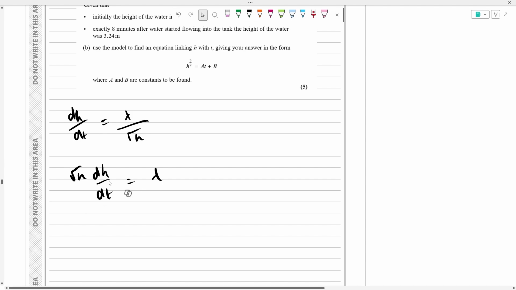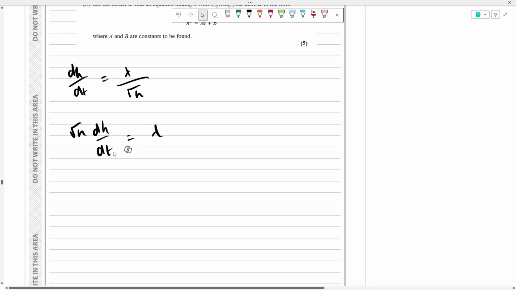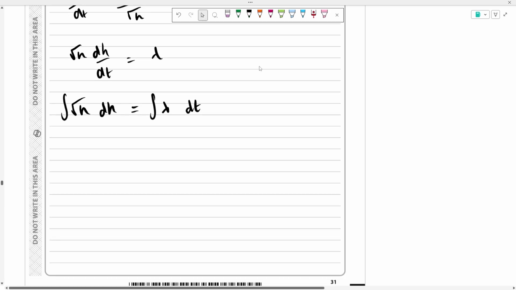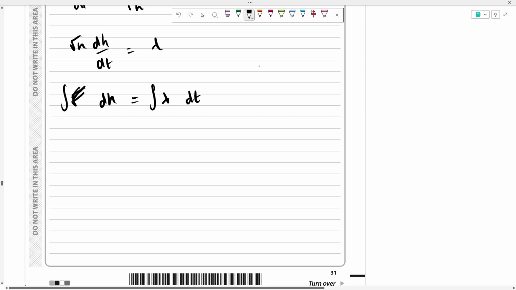Now these differential expressions kind of act like fractions, but they're not fractions. But what I'm going to do is multiply by dt on both sides. So I end up with root h dh is equal to lambda dt. Now because we have dt and dh here, we can essentially call these integrals, and begin to integrate. Root h is the same thing as h to the 1/2.